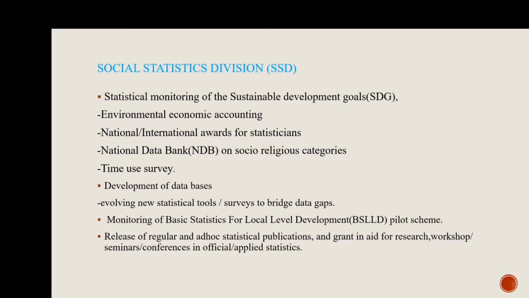Now let's consider the Social Statistics Division. Statistical monitoring of the Sustainable Development Goals, SDGs. We have already discussed SDGs. There are 17 Sustainable Development Goals which are to be attained by 2030.